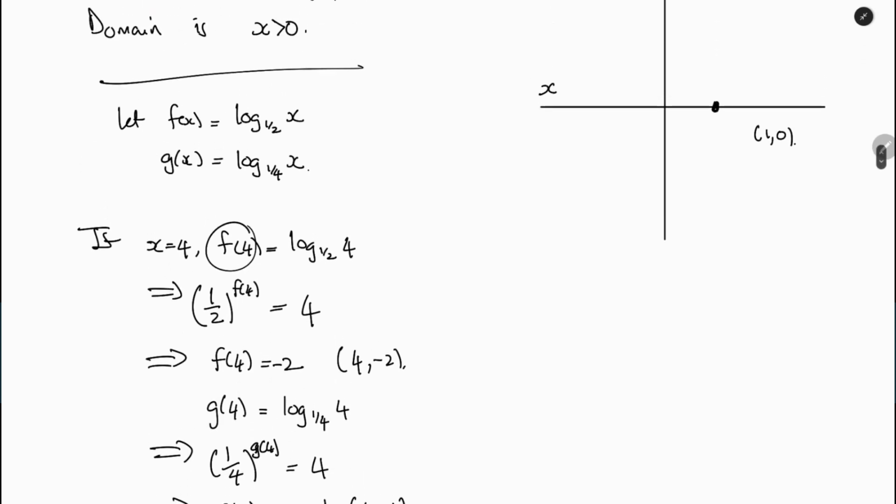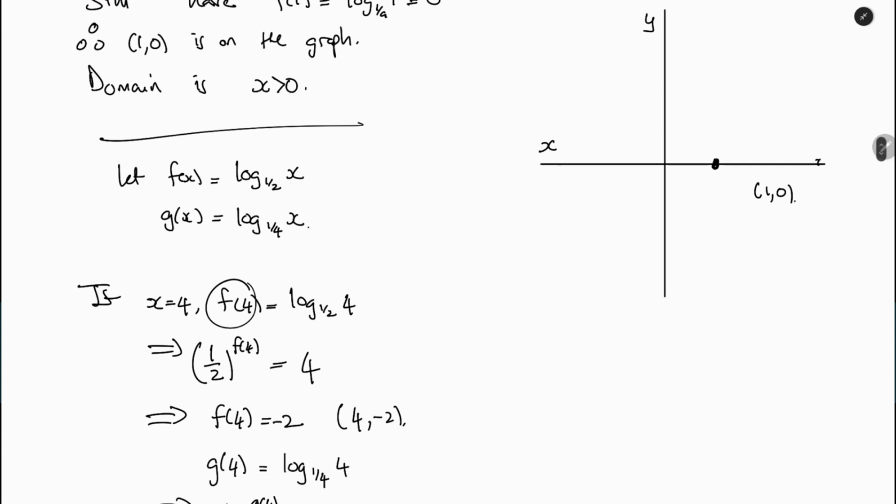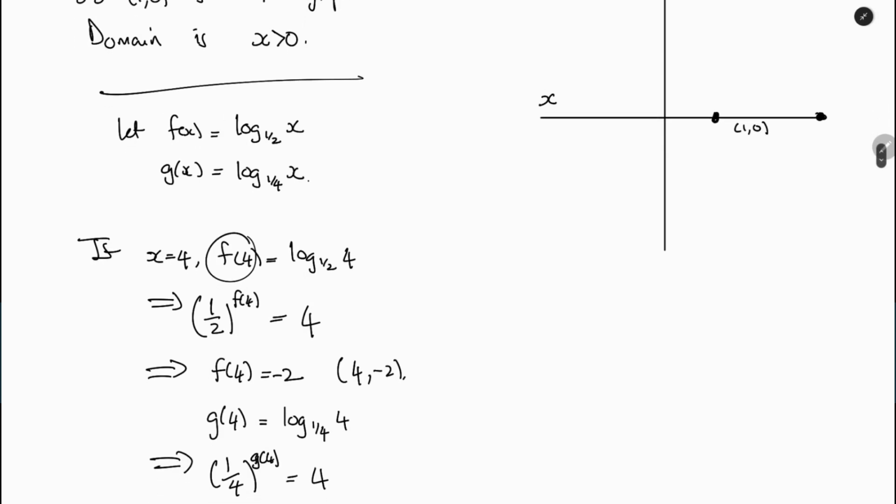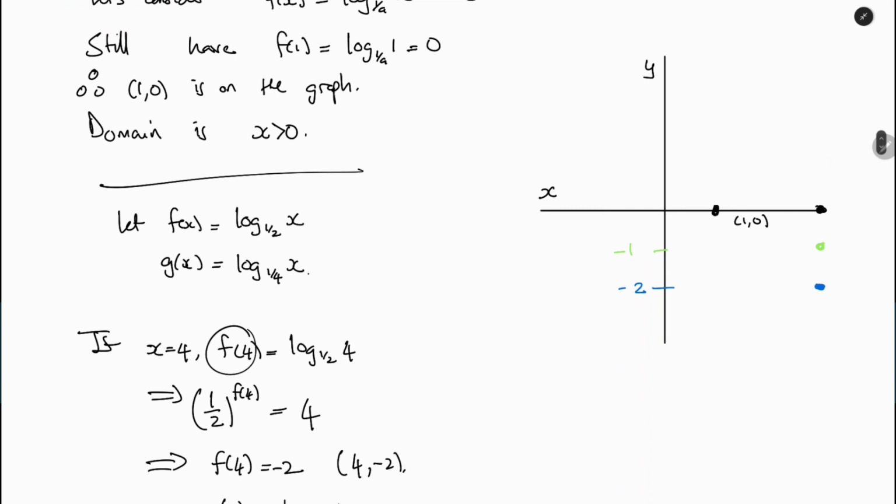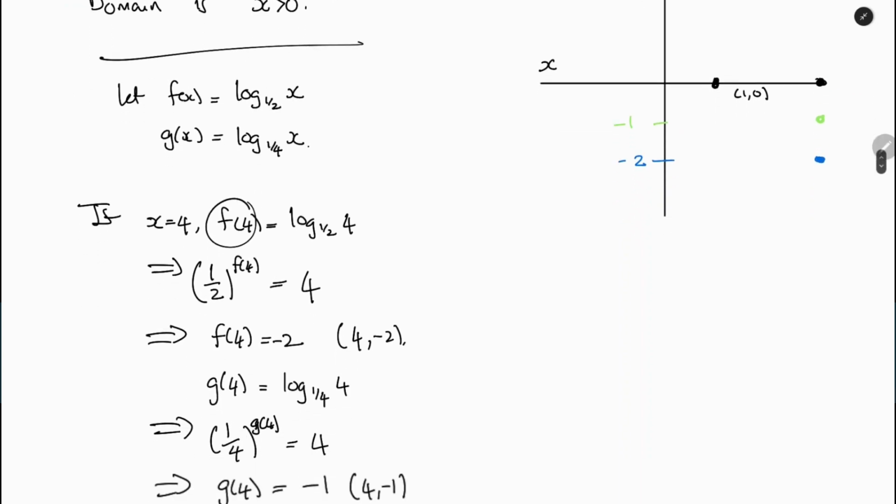Okay, so let's plot these 2 points. Let's just say 4 is over here, and then f of 4, which is minus 2, let's say that's somewhere here, and minus 1 is going to be here for g. Okay, can you start to see what's happening?